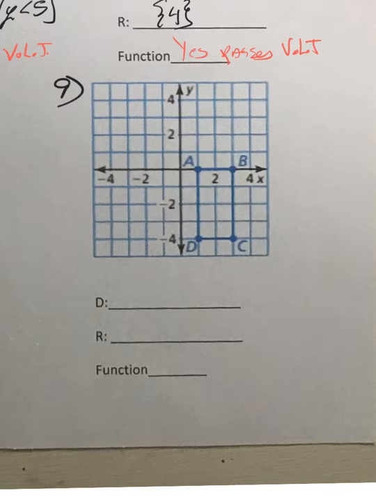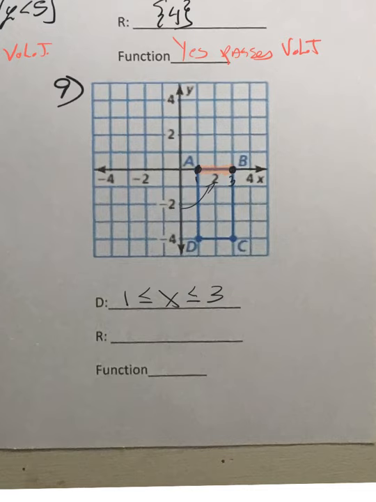In the domain, we have how far to the left and to the right. So isn't the furthest it goes from A to B, which in this case is from 1 to 3. So the domain is between 1 and 3, and it's including 1 and including 3.